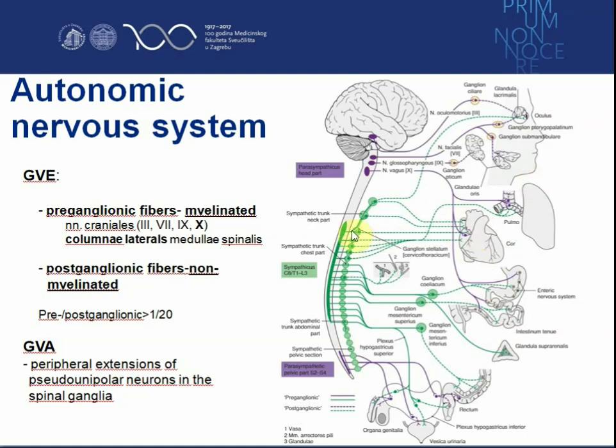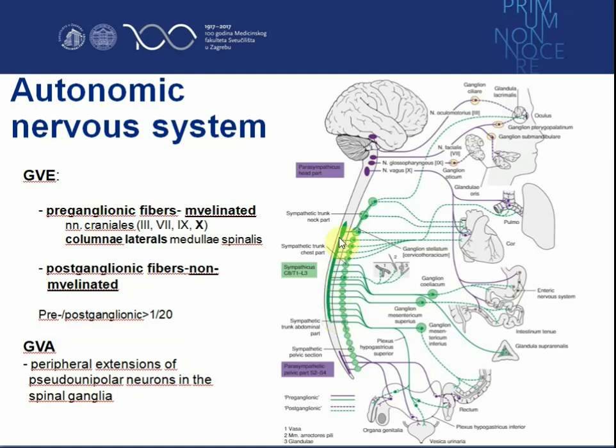Preganglionic sympathetic neurons are located in the lateral horns of the thoracic spinal cord, as I mentioned before. So these neurons switch in the ganglia situated on both sides of the vertebral bodies and are thus called the paravertebral ganglia.